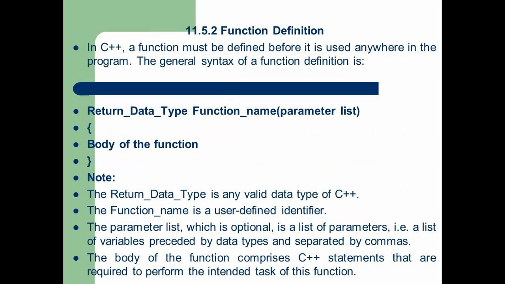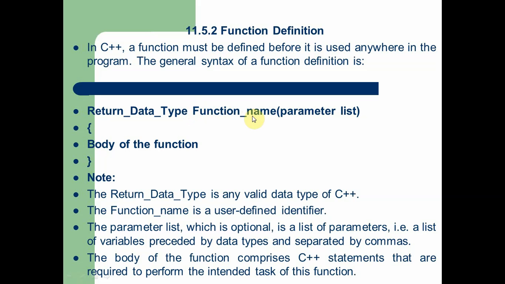Next, how we can define a user defined function. The general syntax or rules for defining a user defined function: first we want to mention the return data type, a valid C++ data type. After that, give a space and give the function name.